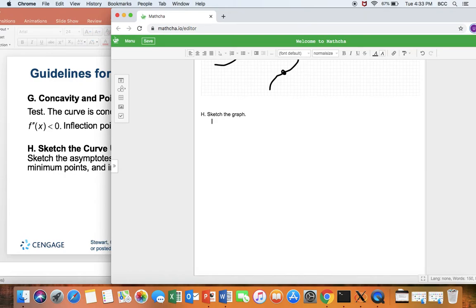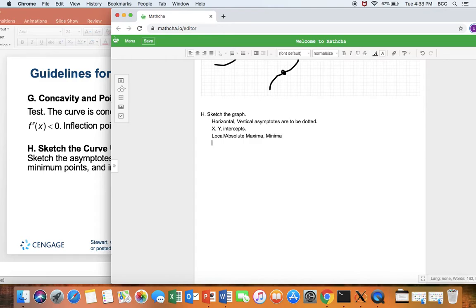What are the things to be noted? Horizontal and vertical asymptotes are to be dotted. What else? Don't forget to point out the x and y intercepts. Don't forget to point out local or absolute maxima or minima.